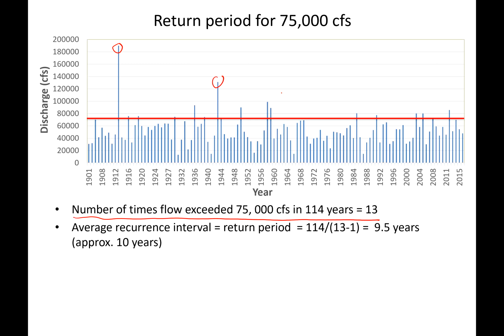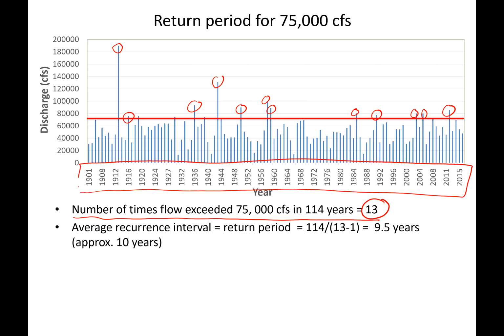So 1, 2, 3, 4, 5, 6, 7, 8, 9, 10, 11, and maybe here also 13. You can argue that there are 14 values, but again, the red line is thicker here. I have actually looked at the data, and it was exceeded 13 times in the last 114 years. So we have 114 years of data.